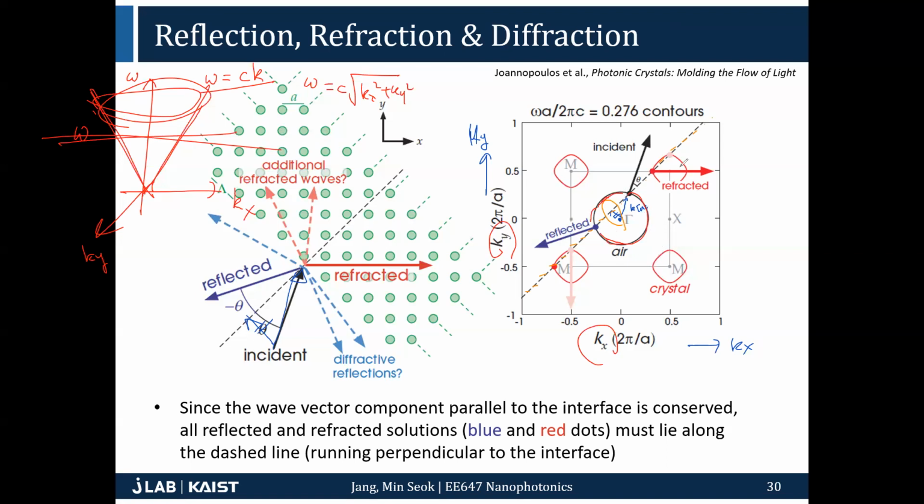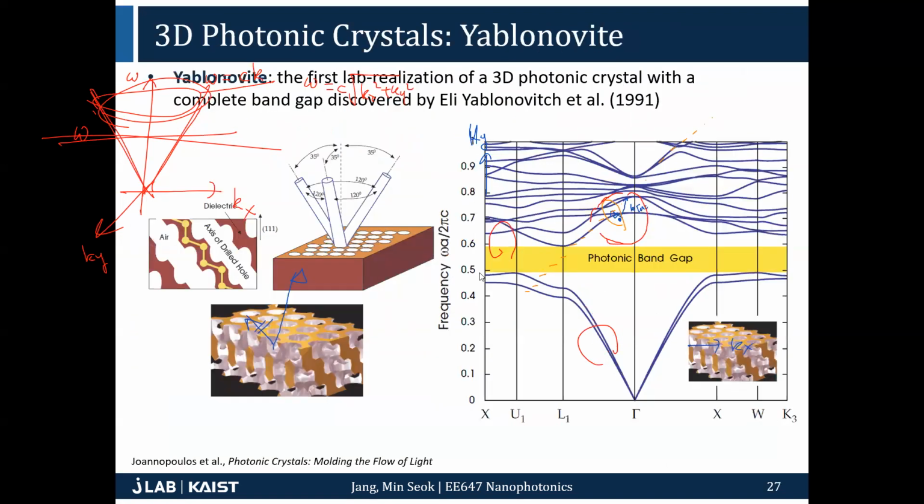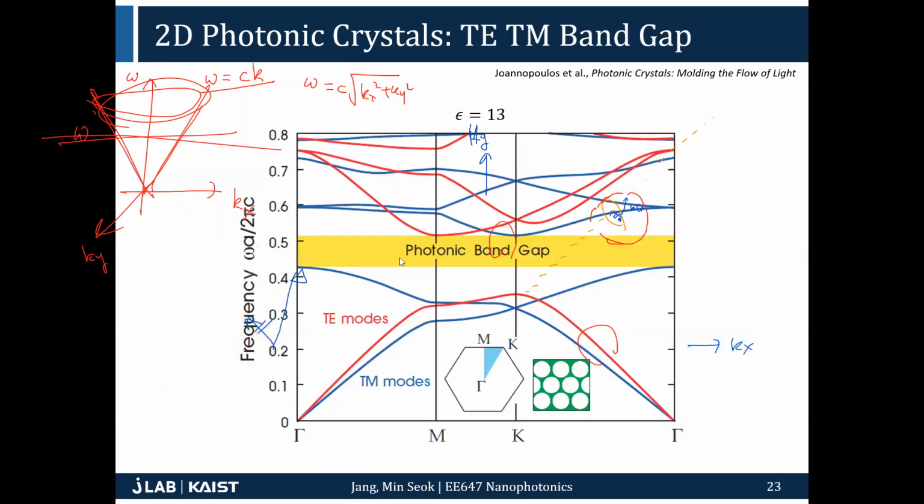Now let's look at the dispersion relation of the photonic crystal. If you look at it, it's very strange. It's not just a cone. For instance, in this case you have a peak at the gamma point, and in this case you have a peak at the K point, and so on. So the dispersion relation of the photonic crystal can be very different from free space light.